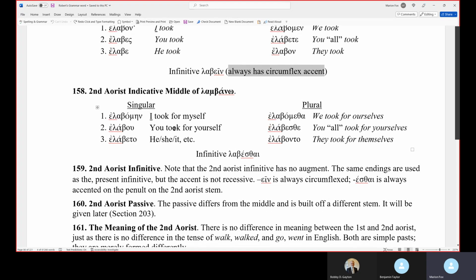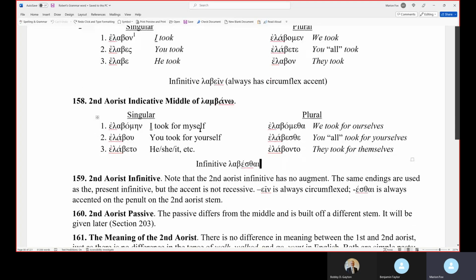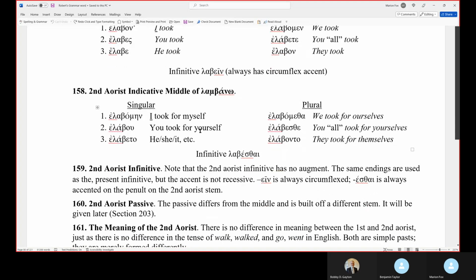So it's I took for myself, you took for yourself, he, she, or it took for himself or itself. We took for ourselves, you all, plural, took for yourselves, and they took for themselves. And this is to take for yourself. That would be how that would be translated. I've thought about adding that on out here as an explanation, to take for yourself. Any questions? Okay.